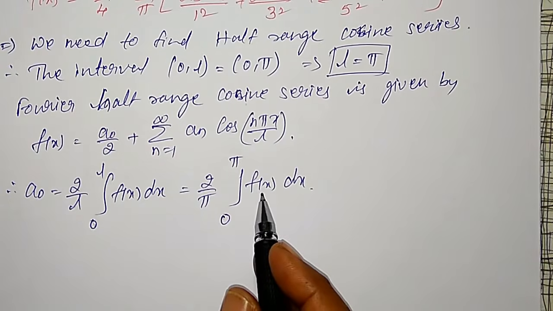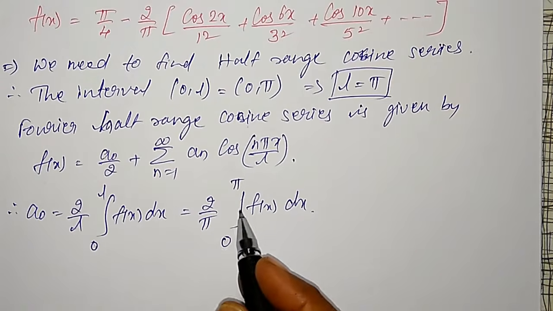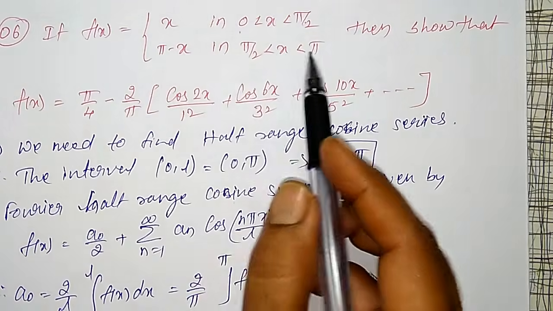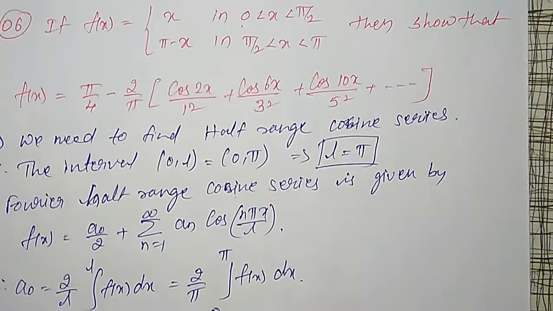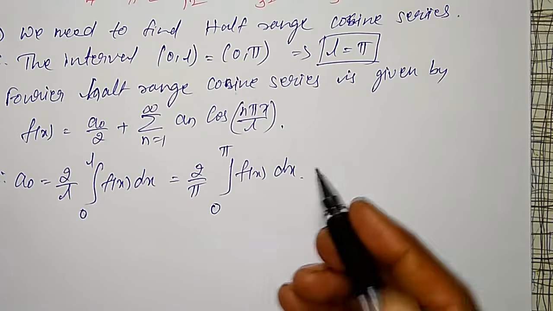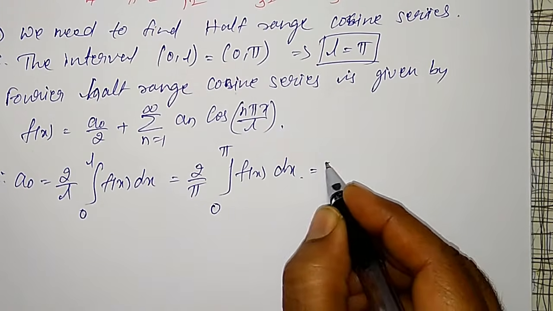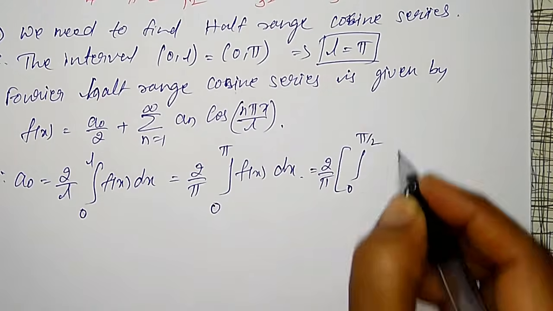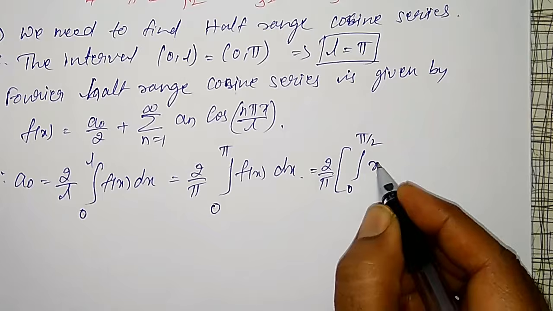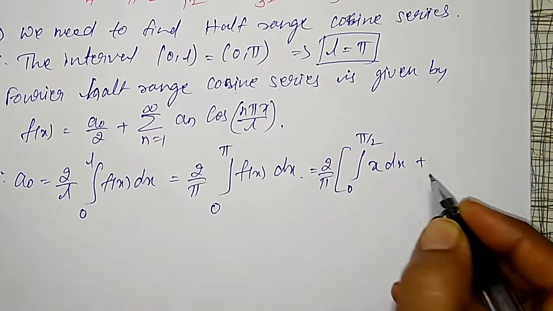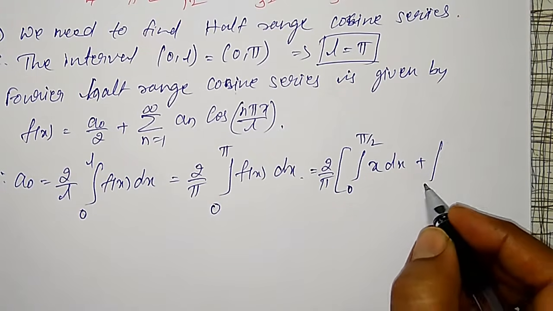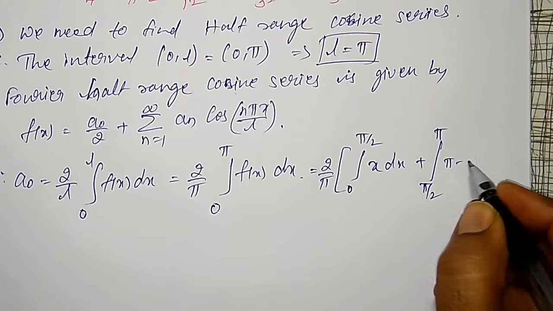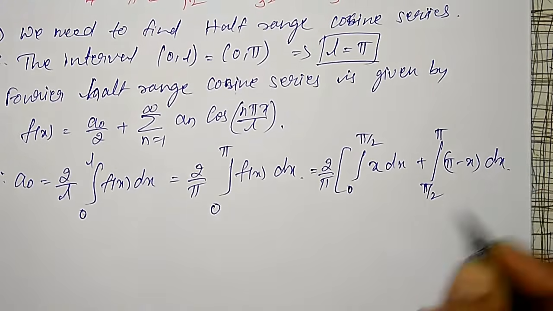But this f of x is defined in two different ways from 0 to pi. One is from 0 to pi by 2, another one is from pi by 2 to pi. Therefore, I will split it into two terms as 2 by pi into integration from 0 to pi by 2, the function is x into dx, plus for pi by 2 to pi, the function is defined as pi minus x into dx.